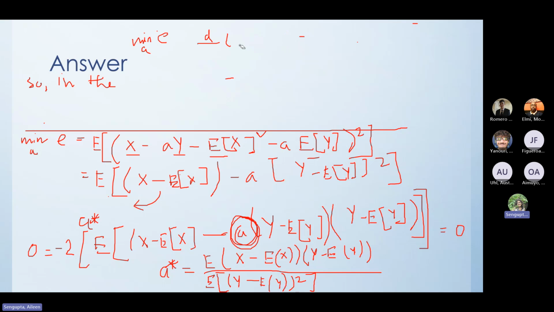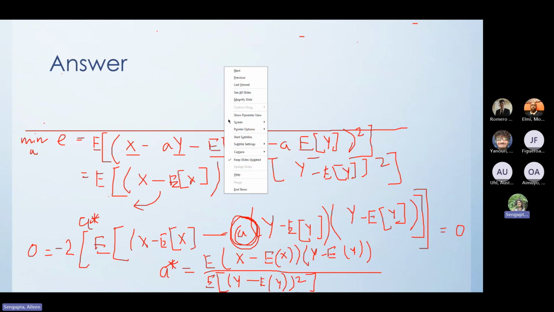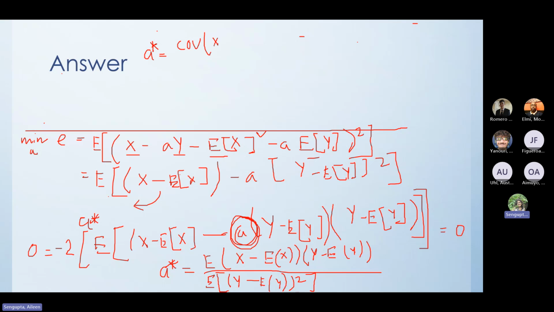If you cannot, please skip it and give me the basic big expression. You're still going to get the full points. So quickly going forward, we have A star. If you look at the formula for covariance and variance, you will see very easily that this is the covariance of xy, because that's exactly the expression of that.